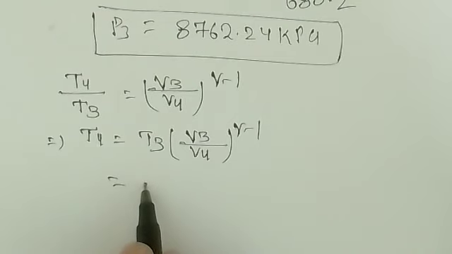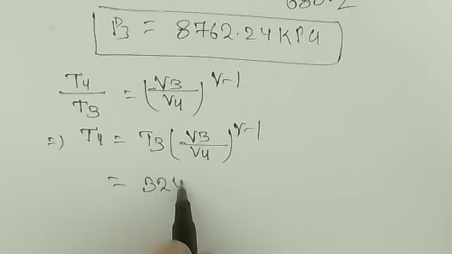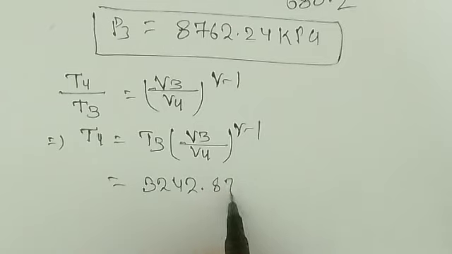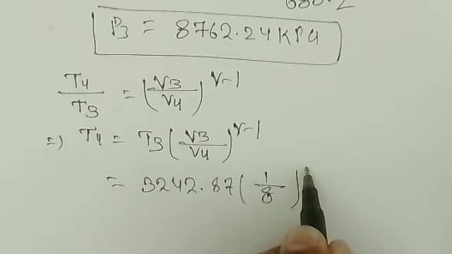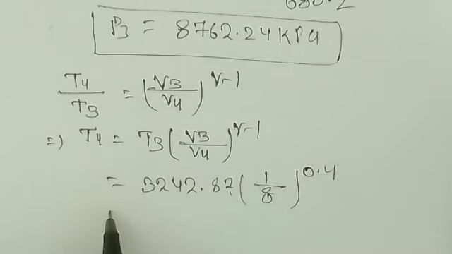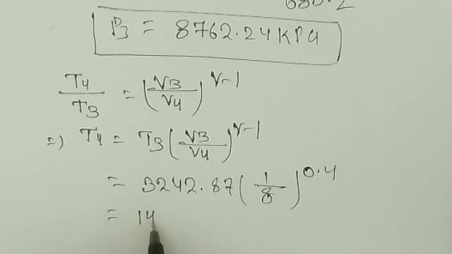It means we can substitute T3 as 3242.87, and this is (1 by 8) whole power gamma minus 1, meaning 1.4 minus 1 is 0.4. So you will get the value T4 is equal to 1411.54, right?